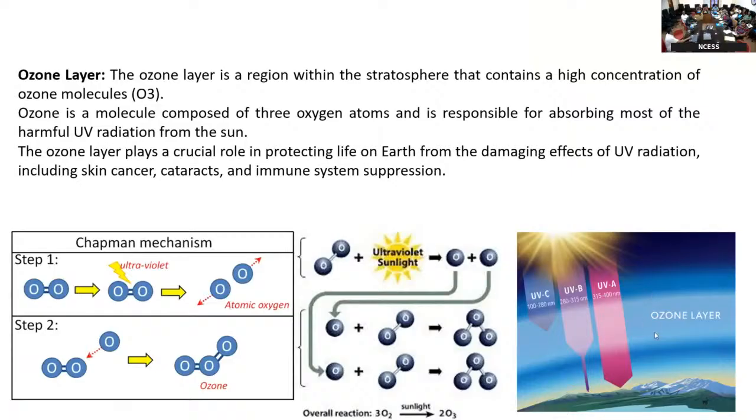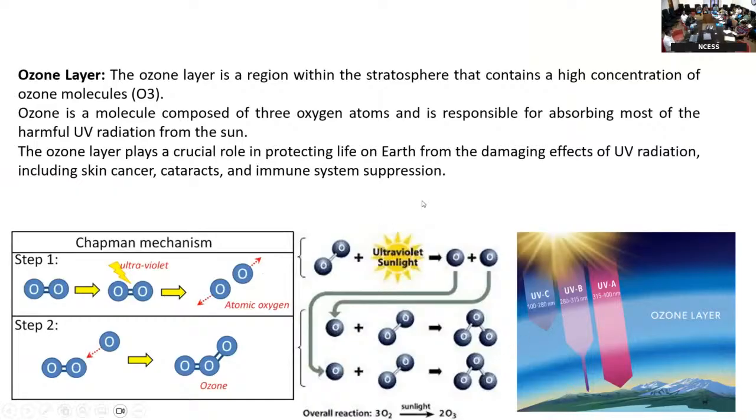Due to ultraviolet radiation, some oxygen molecules break and become atomic oxygen, and then they combine to form ozone. In this two-step process, three molecules of O2 in the presence of sunlight are converted to two molecules of O3.